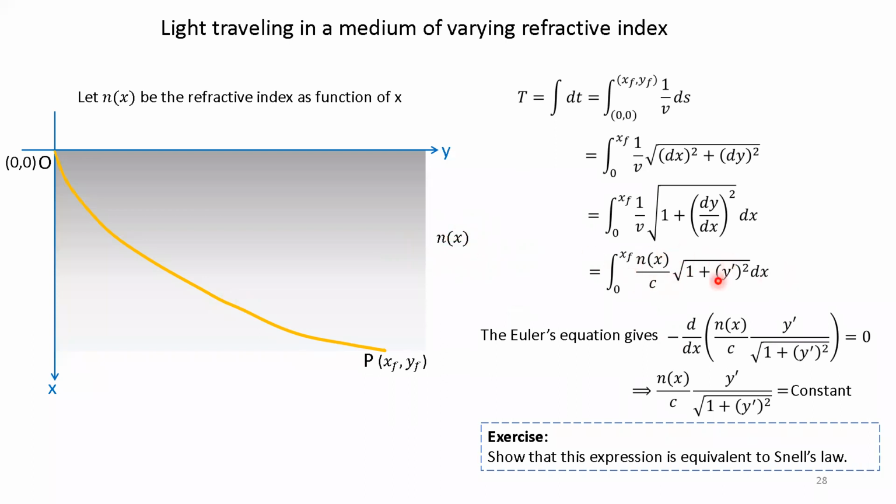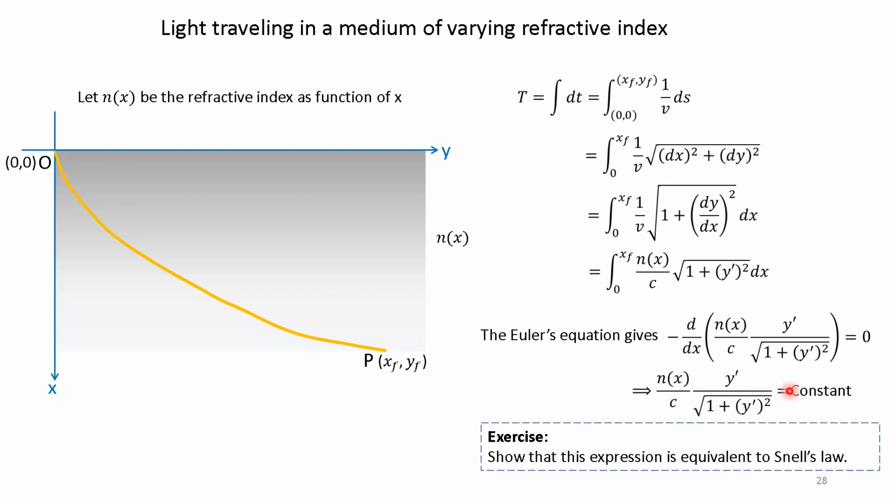Now if you look at this and apply Euler's equation, you conclude that the derivative of this whole term has to be equal to 0. If you just integrate both sides, this whole term is equal to a constant.